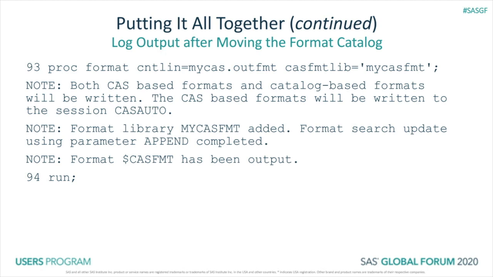The CAS-based formats will be written to the session CASAUTO. It also tells us that the format library myCAS was added and that the format search was updated using the parameter PIN. What all those words are telling us is that in Base SAS 9, we had to manually add the format catalog's location to the FMTSEARCH= option. In CAS, that location is automatically added to the FMTSEARCH= option.